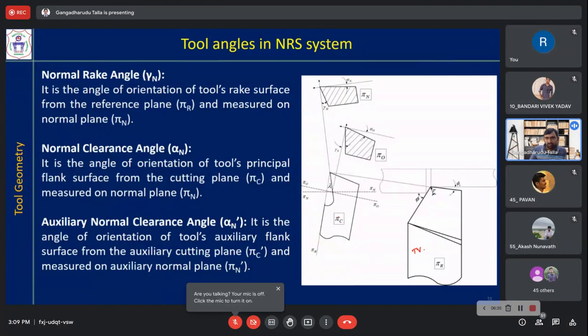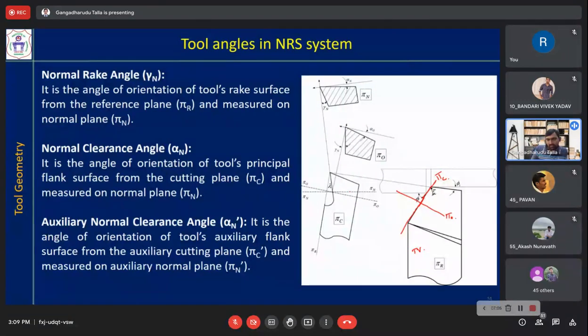Now, if you take a plane along this edge, which is perpendicular to pi r, that is pi c. If you take a plane perpendicular to pi c, that is pi o.